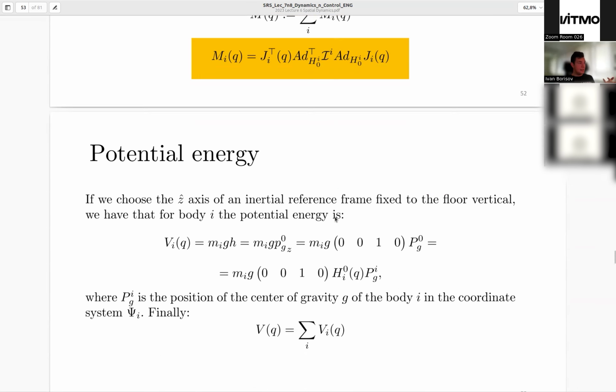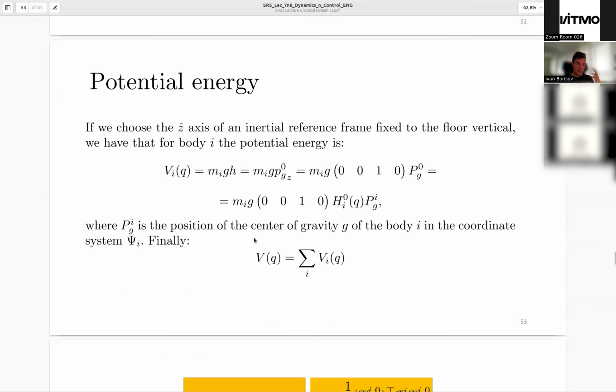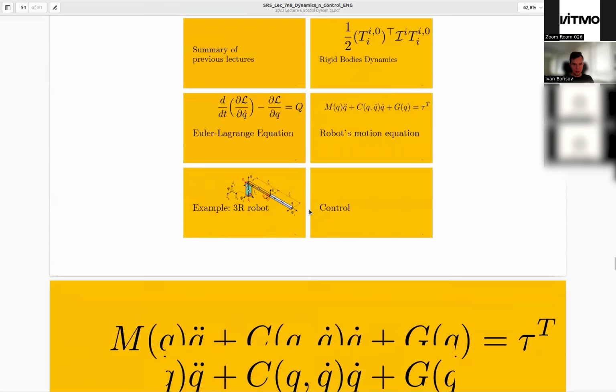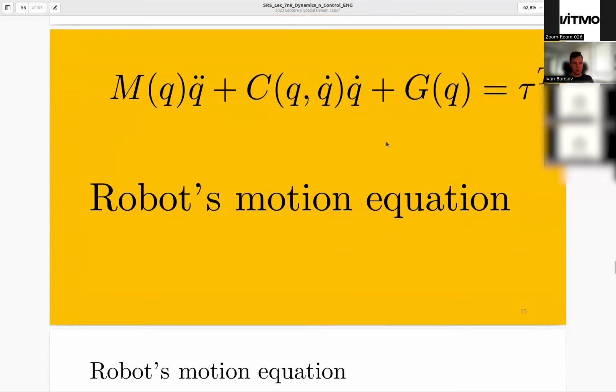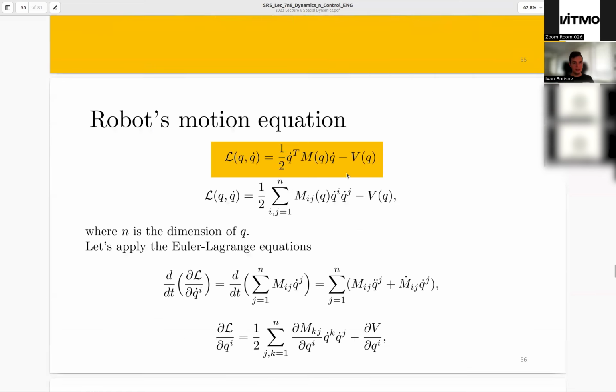Potential energy is easy. It's basically just the same as it was for the 2R robot, but you can grab this data from the homogeneous transformation matrix. You just need to get the proper component of this H. And basically, you need to derive something which is called the robot's motion equation. And it's easy.